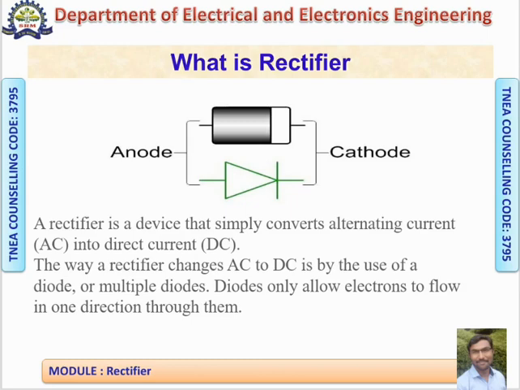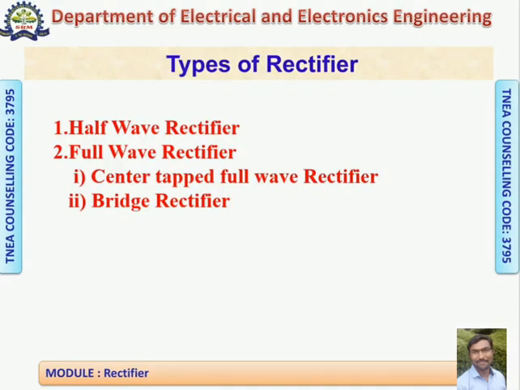Diodes only allow electrons to flow in one direction through them. There are two different types of rectifiers: half wave rectifier and full wave rectifier. The full wave rectifier is further classified into center tapped full wave rectifier and bridge rectifier.